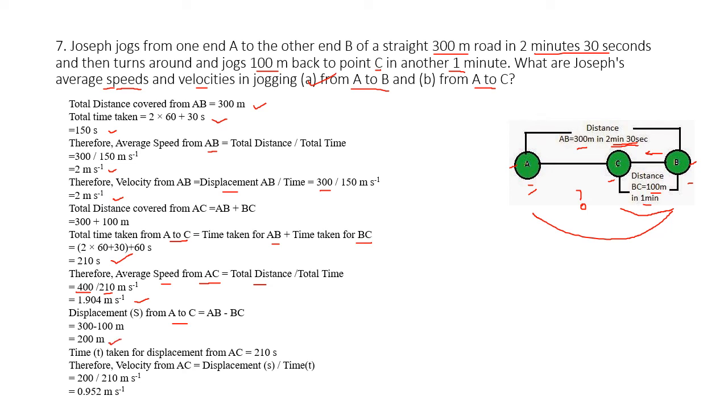This is the shortest distance covered by this object, 200 meters. And what is the velocity between A to C? Displacement divided by time taken. So total time taken is 210, it won't change, and the displacement is 200. This is your answer, 0.952 meter per second.